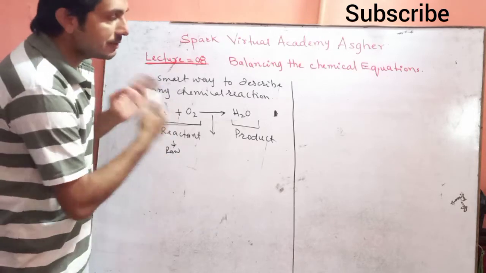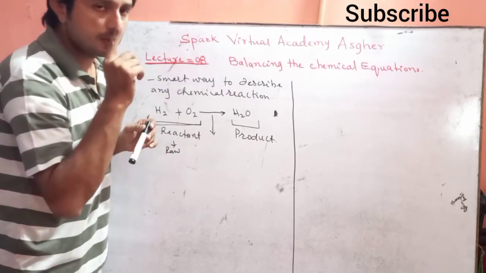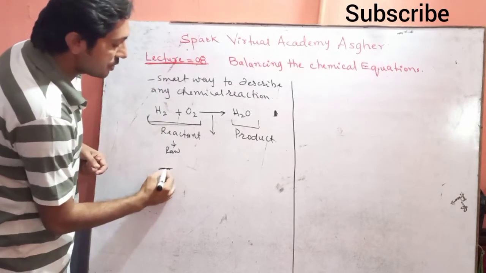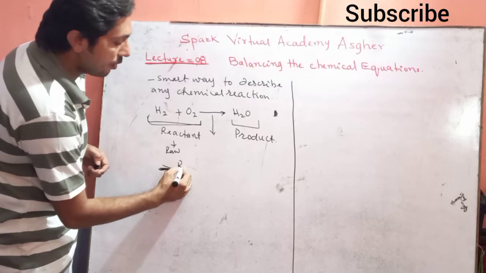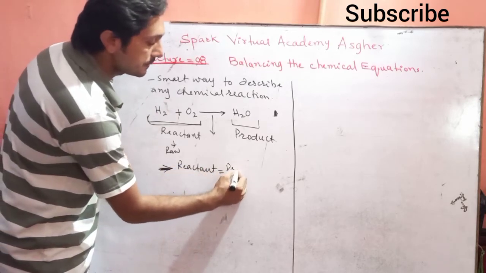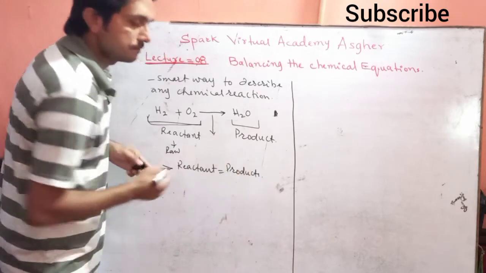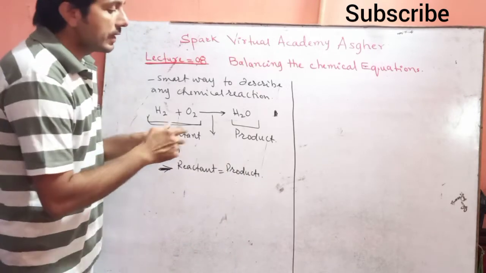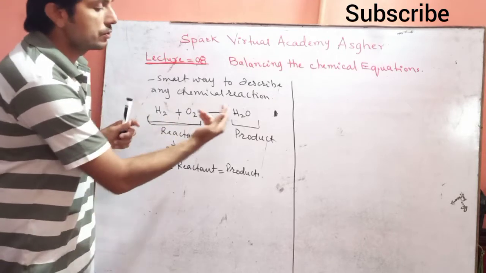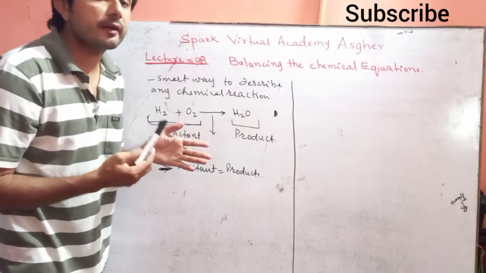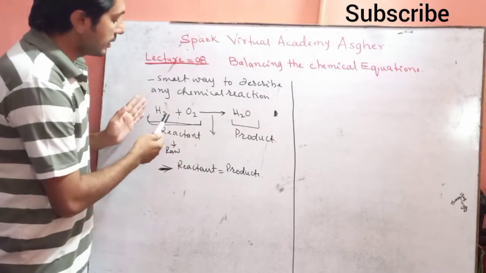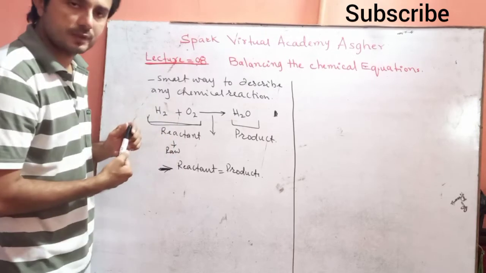So in balancing the chemical equation, the first thing that we should take care of is that when we have done it, the number of reactants should be equal to the number of products. If the atoms are in diatomic form, you can see here H2, O2 or H2O, or even if they are in molecular form, you do not have to change the subscript numbers at the bottom.